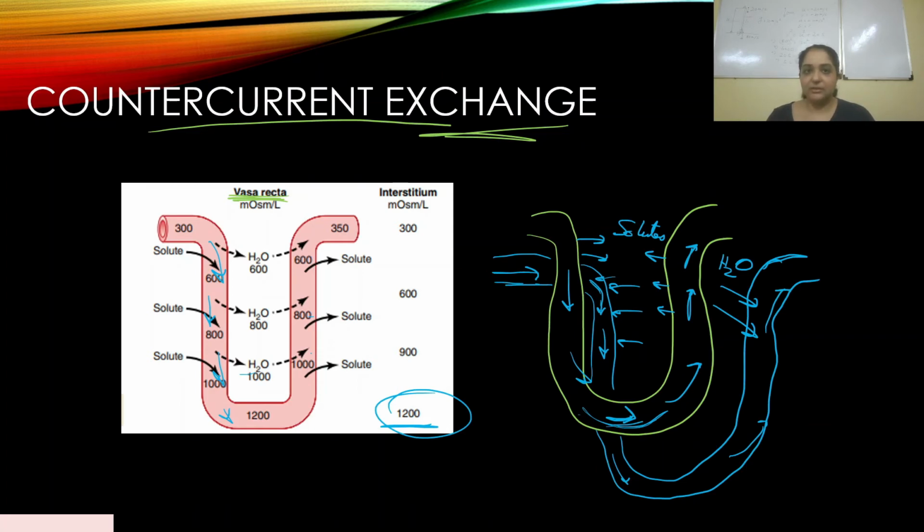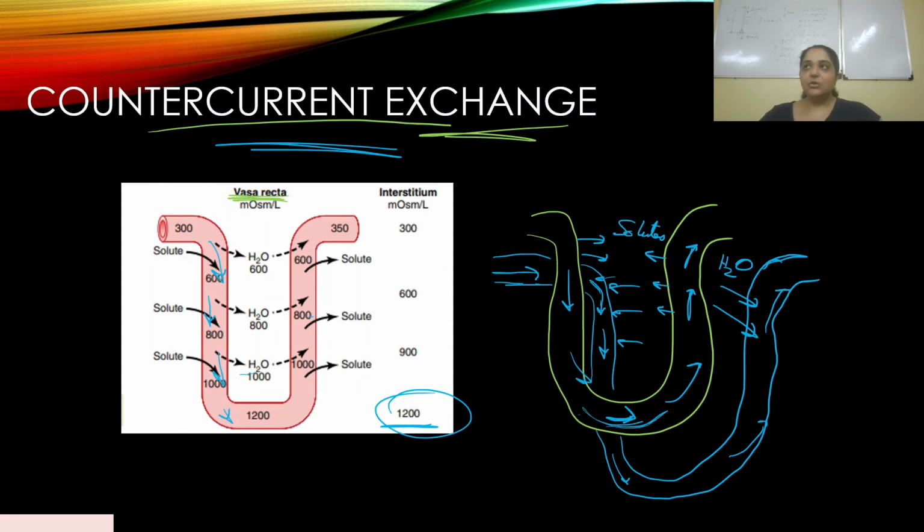This is called the countercurrent exchange system. So what we have seen here is how a hyperosmolarity region is created in our system. We have the countercurrent multiplication, and we have the countercurrent exchange system, which I said is for maintaining the hyperosmolarity region.